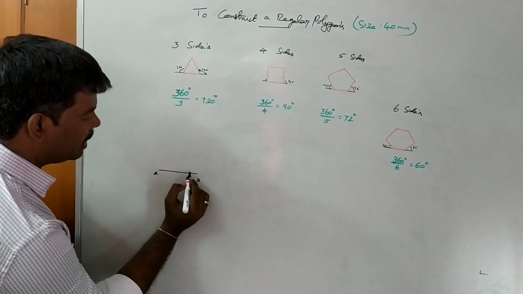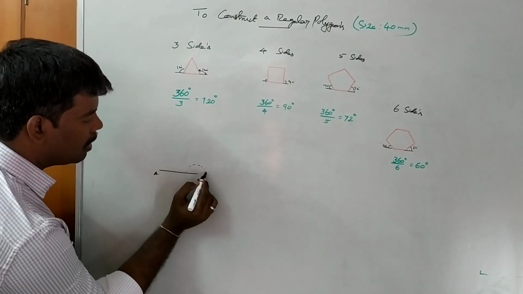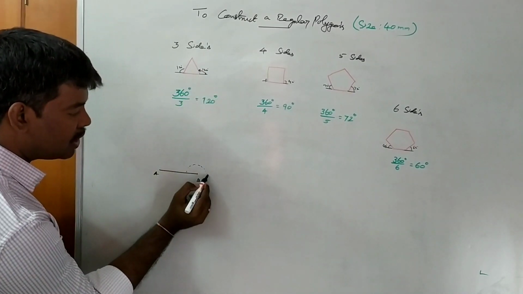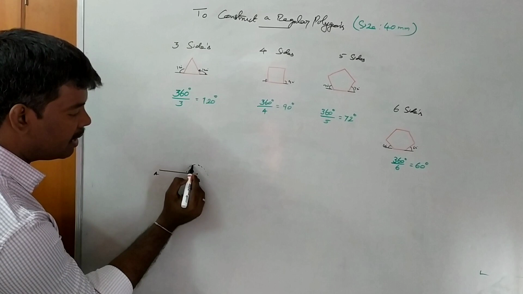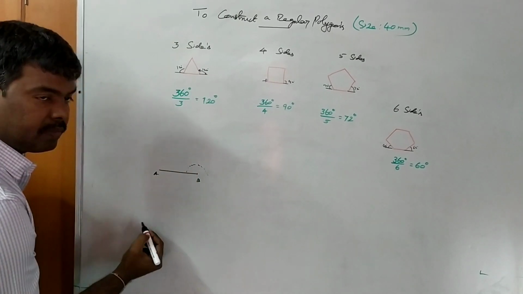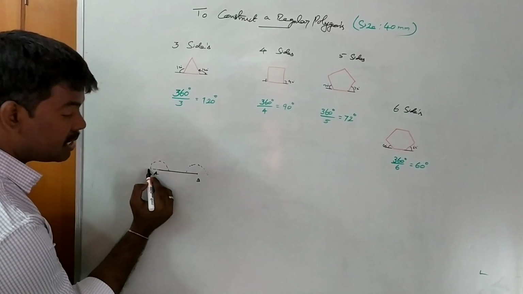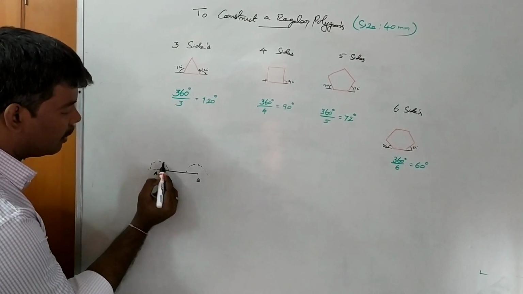So place the protractor here, 120 degrees here. From 0, 90, 100, 110, 120, like this. Similarly you place the protractor here, so it is 0, 90, 120.